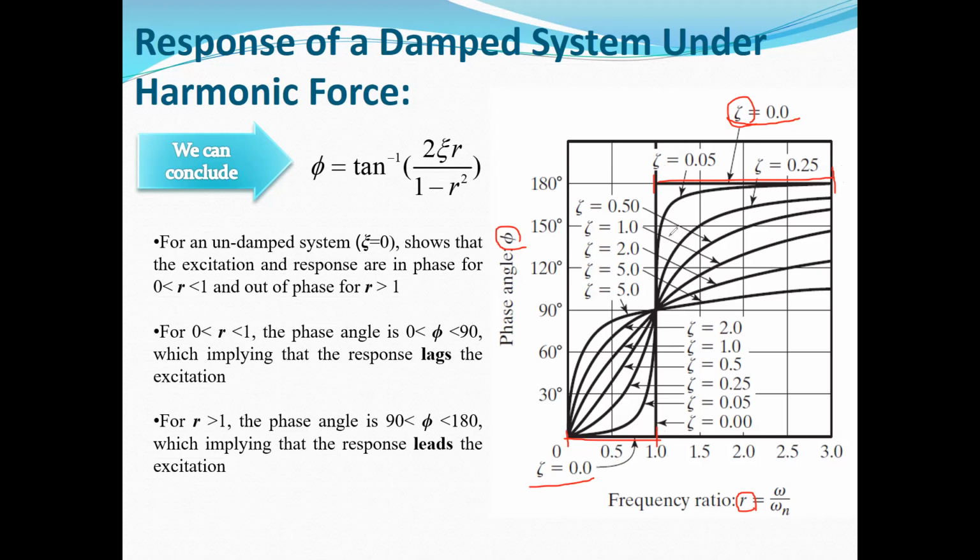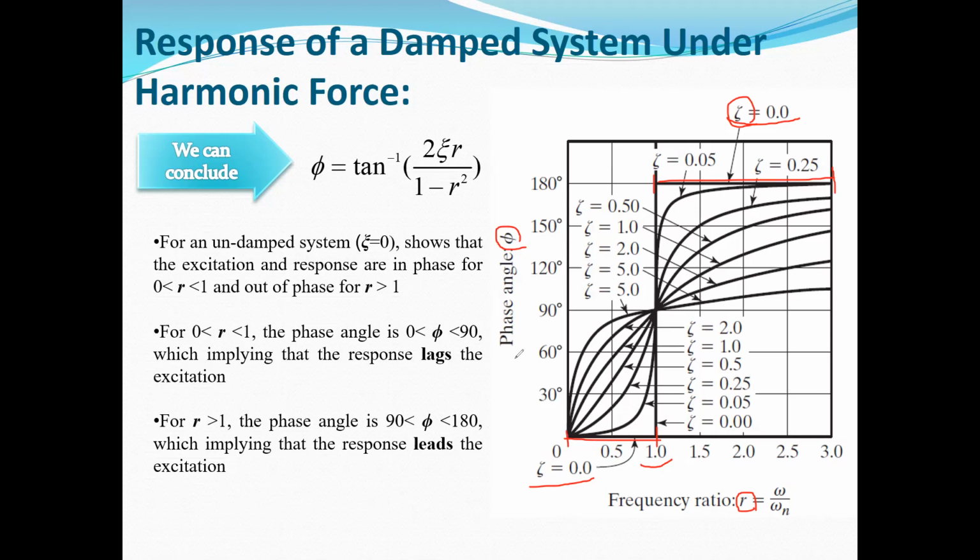Of course, we concluded these results in the previous section, but here you can again see them on this graph. And you know, when R is less than 1, it means that the frequency of the excitation is less than the frequency of the system. And when R is more than 1, it means that the frequency of the excitation is more than the natural frequency of your system.